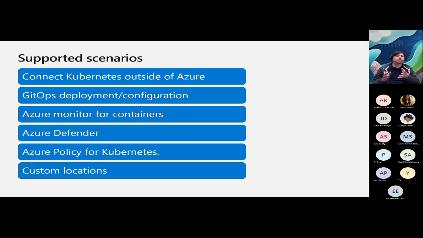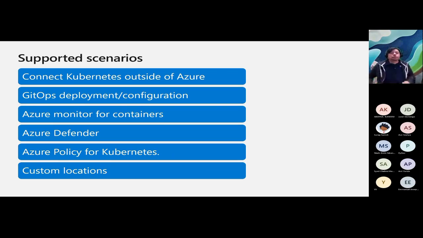The idea is that if you're running something, no matter if it's running on an edge device, or a bare metal machine that you have on-prem, or a Kubernetes deployed to Google Cloud or to AWS, for example, all of them you can connect and bring to Azure. In fact, when you connect, it installs some agents inside of this cluster that start to send information and apply information to the cluster.